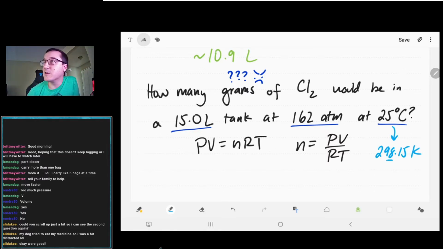So we're going to want to add 273.15 to that to make sure that we get it in Kelvin. I'm not going to write that out because all you have to do is add that number, which we've done before, so we'll be okay there.